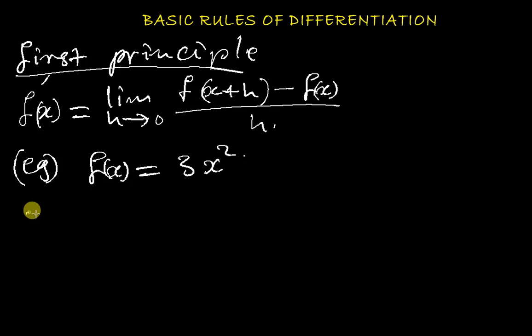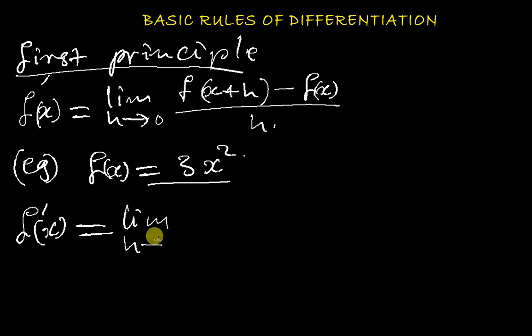So we are finding the limit as h approaches 0 of f of x plus h. f of x plus h means where there is x we put x plus h. When we say f of 1, it means that where there is x we put 1.